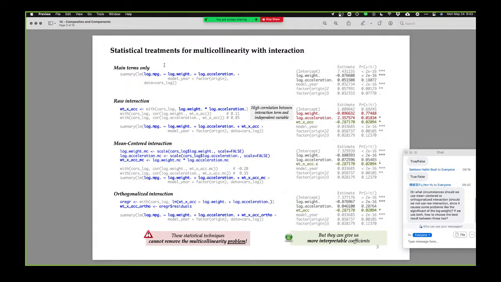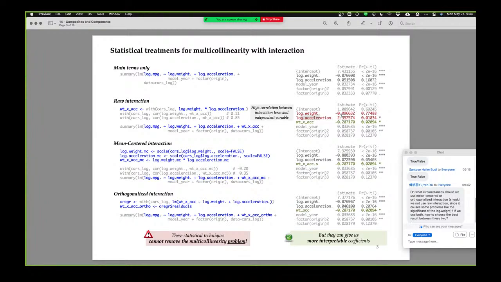Actually, I could, but I would have to look at two regression results. I would have to look at the regression with the main terms only, and this is where I would interpret the effect of weight and the effect of acceleration. And for the effect of the interaction, I would have to look at this second regression where I have the interaction term introduced. And here I would have to ignore log weight and log acceleration because I know that due to multicollinearity, they would have changed.